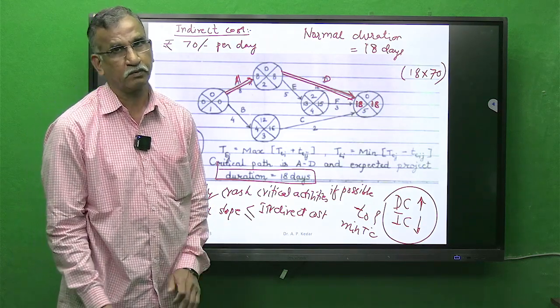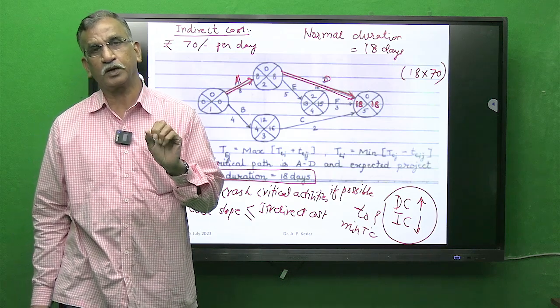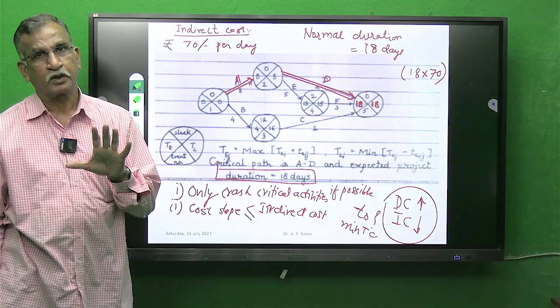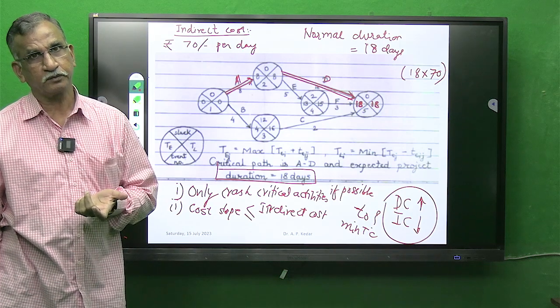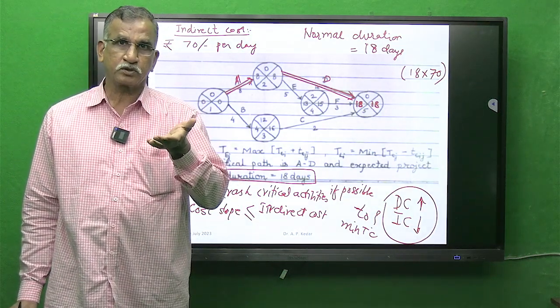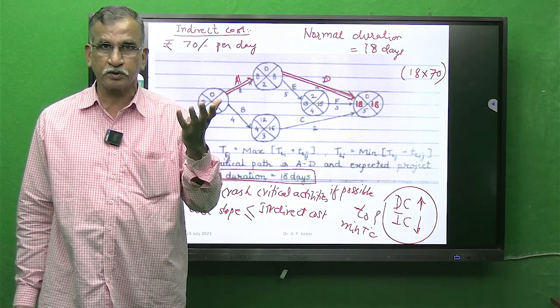Why is this point important? Suppose the cost slope for a particular activity is 30 rupees, and indirect cost is 70. A 30 rupee cost slope means the additional expense in that activity by reducing it by one time unit is 30 rupees.